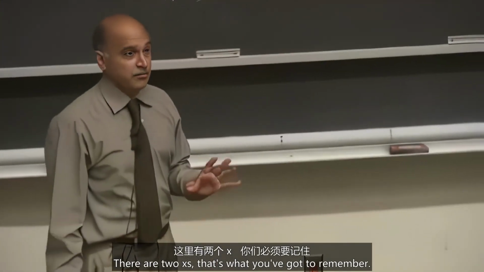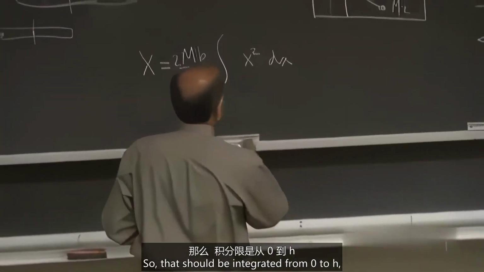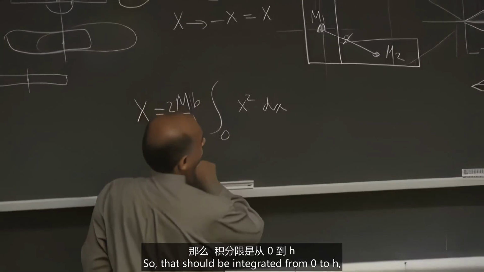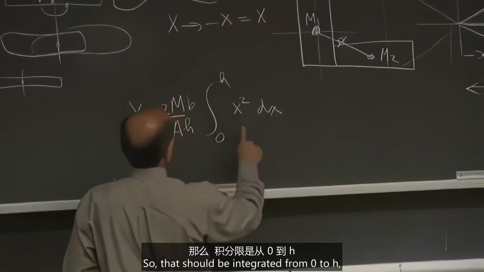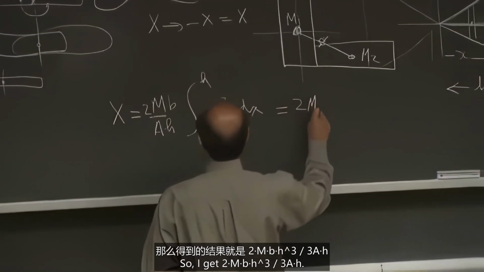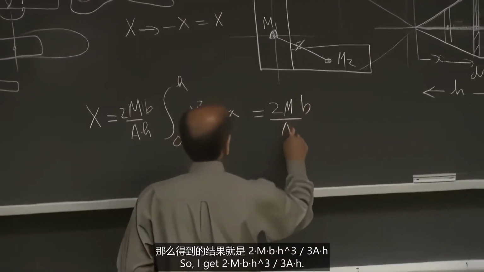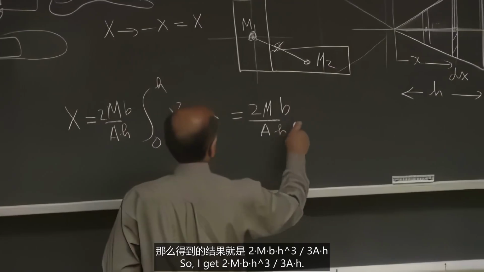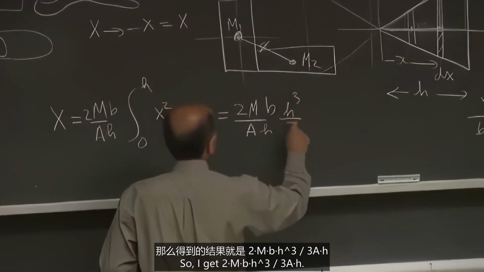So there are two x's. That's what you got to remember. So that should be integrated from 0 to h. That'll give me h cubed over 3. So I get 2m b a h cubed over 3.